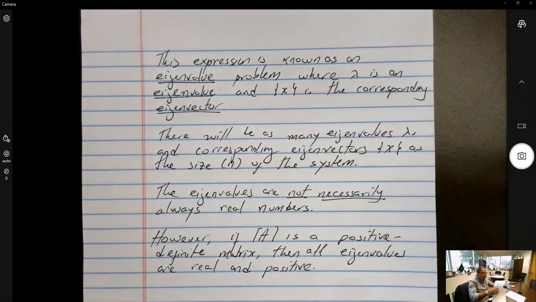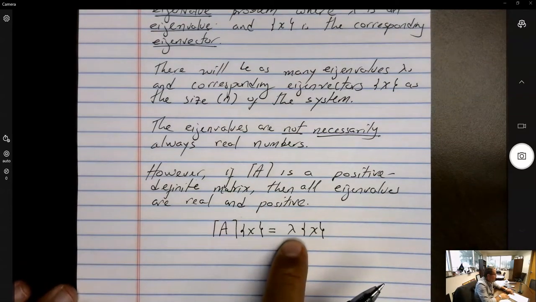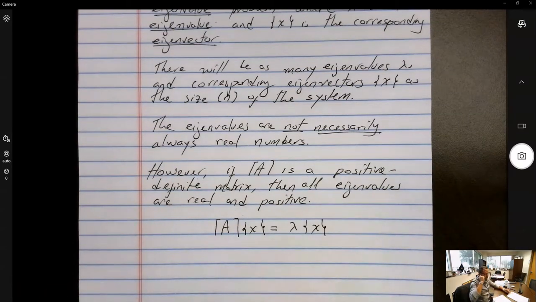So we're back to this. We have A x is equal to lambda x. And we need to solve for lambdas and the corresponding x's. And we know now that there's going to be as many as n lambdas and n corresponding values of the vector x that will make this possible.